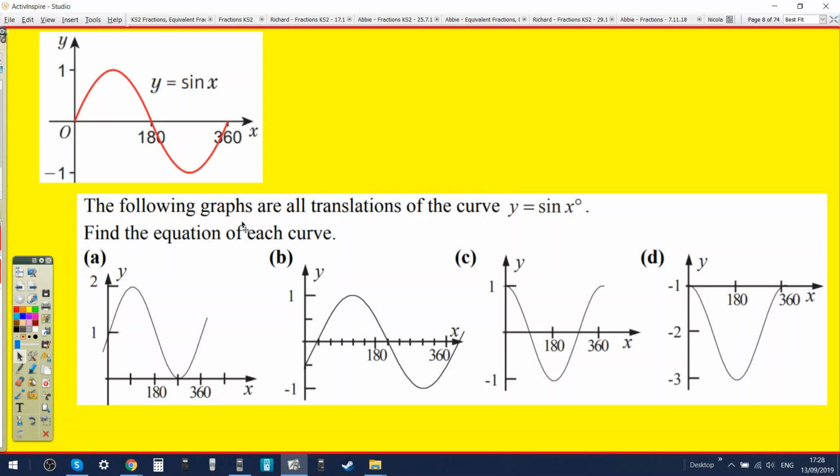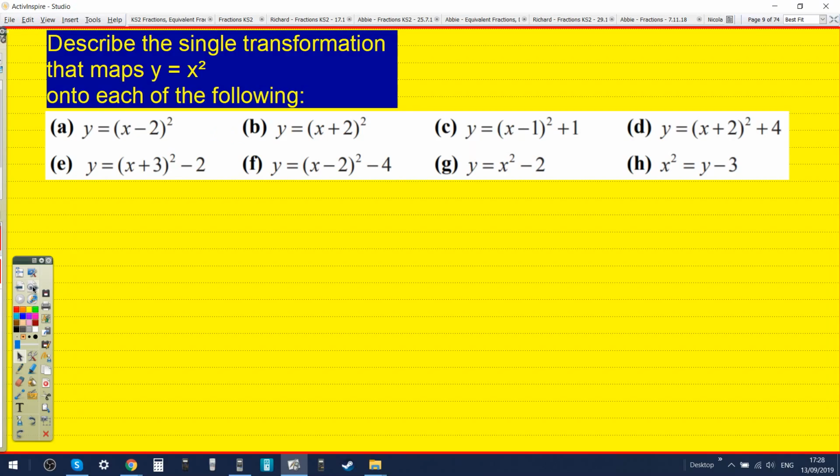Y equals sine x. Find the equation of each curve. That's a challenging one. Let's do this one. Okay. So for A, would the x be two places to the right? Yes, and do you know what it's called, the type of transformation when it just slides up or down, left or right?